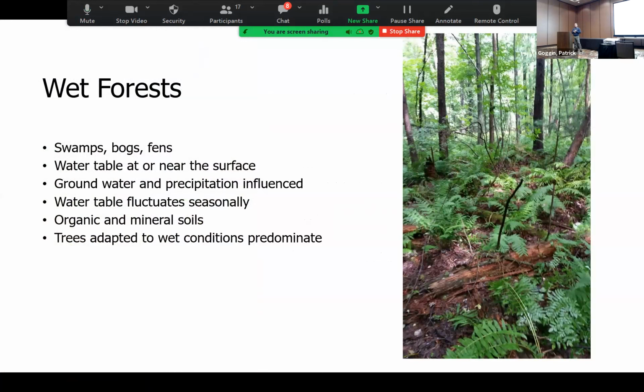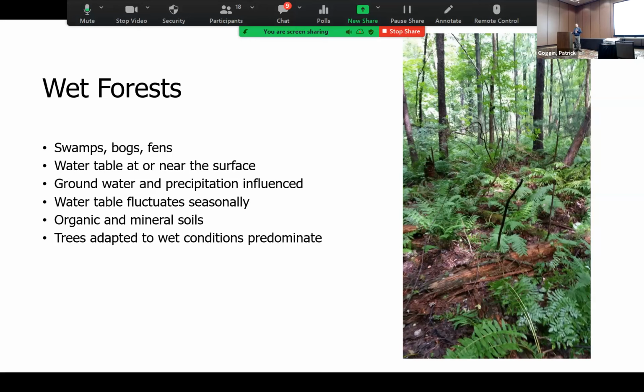There are different ways to define forested wetlands, but I'm going to break it down into two major categories. The first is wet forests. We might go by other names like swamps, bogs, fens, and those, as many of you probably know, have certain definitions. But all of these forested wetlands are influenced by a water table that's near the surface.